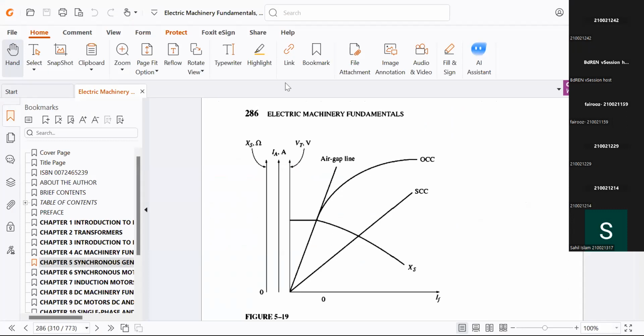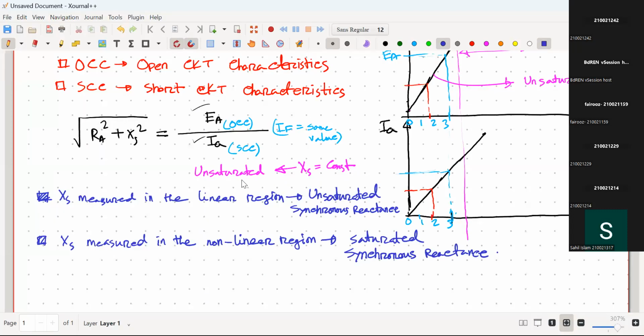Okay, let's go back to our lecture part. In the unsaturated condition, in the linear region, what is the value of Xs? Xs will remain constant, right? Though I change IF, Xs will remain constant.